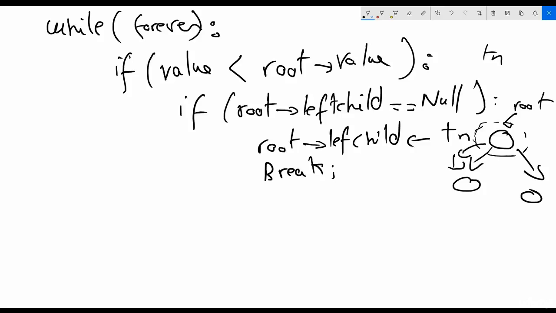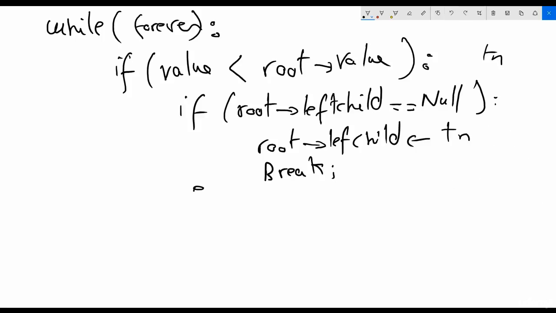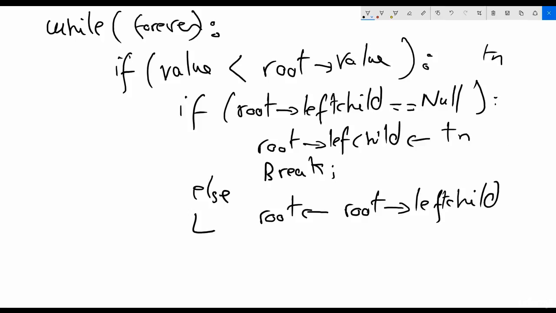Okay, and we will keep iterating. We will keep doing that until we find an empty spot. So else root takes root left child. That's the end if. Now this is the first case, if the value is less than root value.